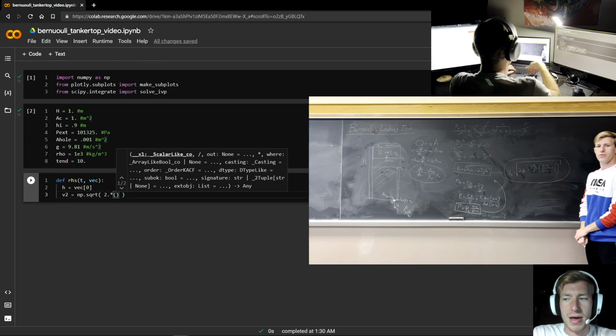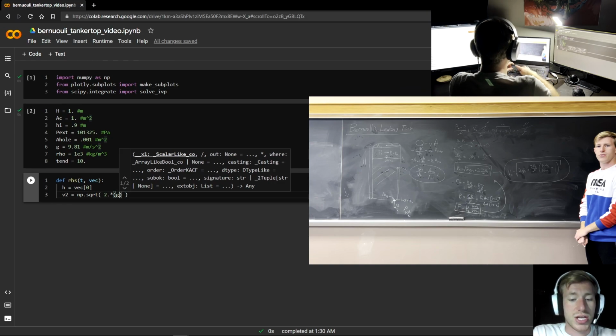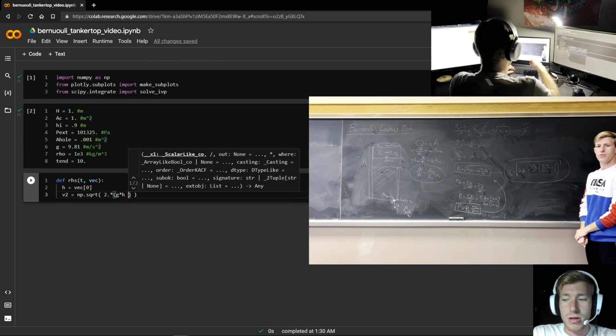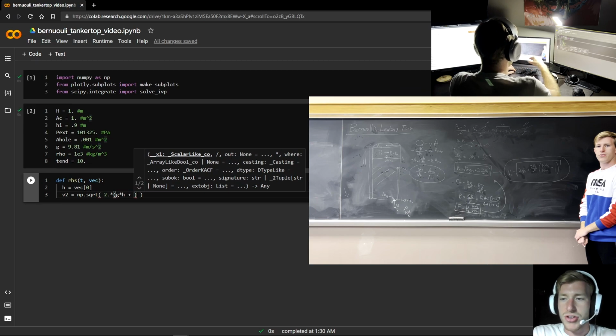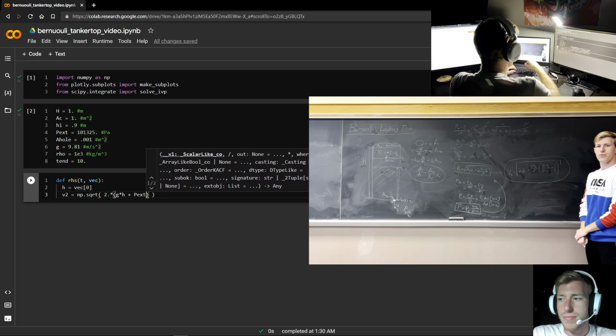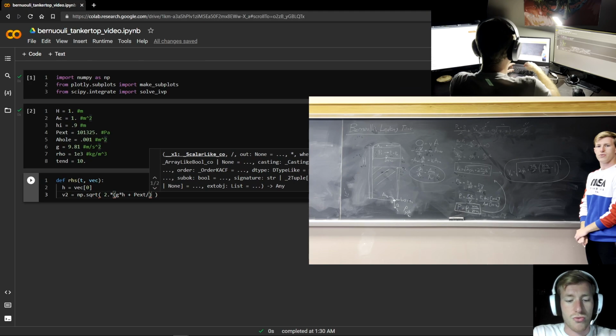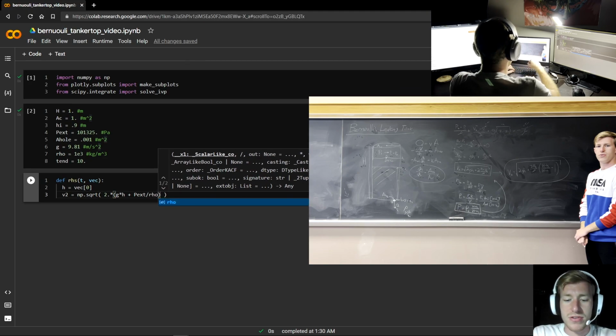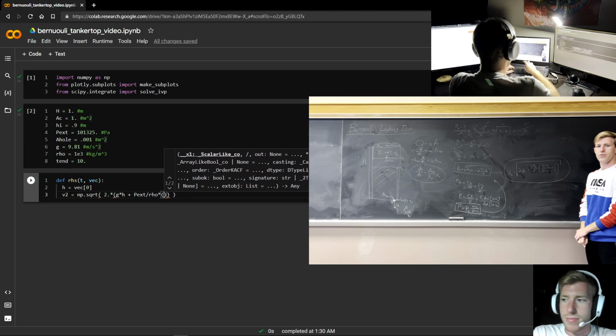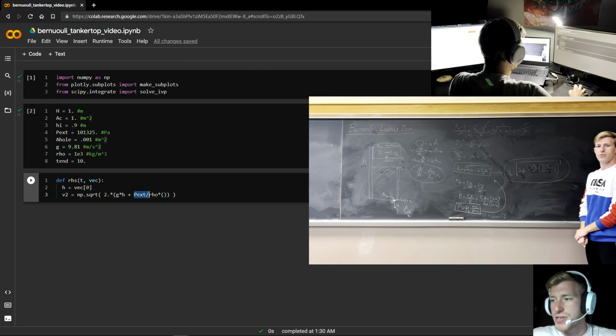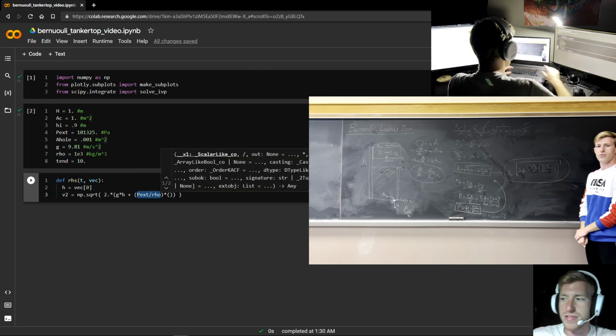So 2 multiplied by g times h plus, and then on the other hand with the 2 gone, it's just going to be P external divided by rho, and that is going to be multiplied by, I'm going to make sure to wrap P external times rho in parentheses just in case.